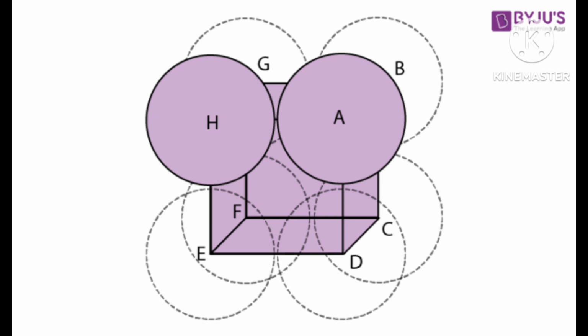This is an important point, that if you keep two spheres in two corners, means one edge, then both will touch. Means here the side you can consider as 2R, 1R from one sphere and 1R from the other sphere.